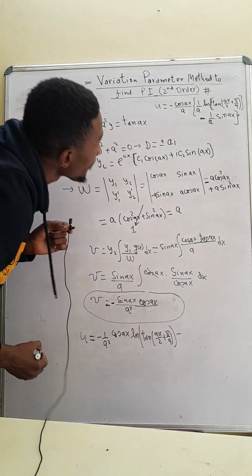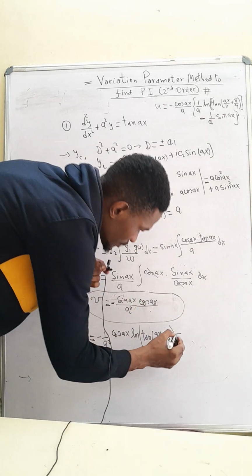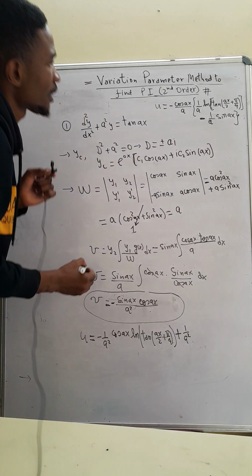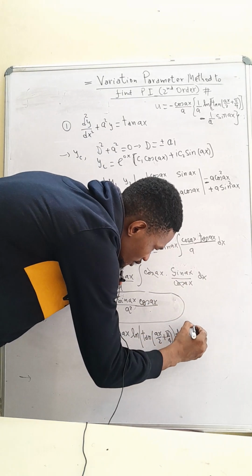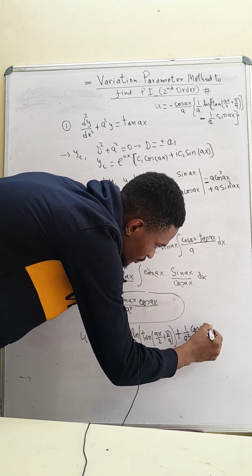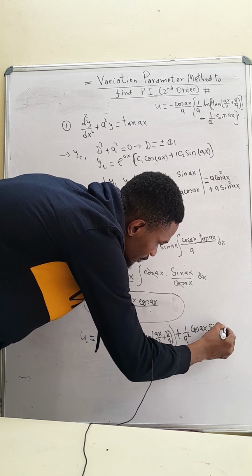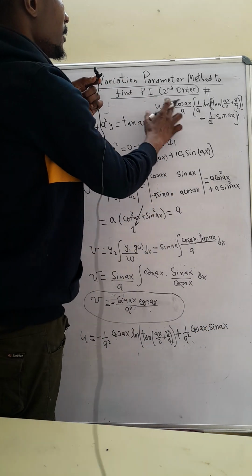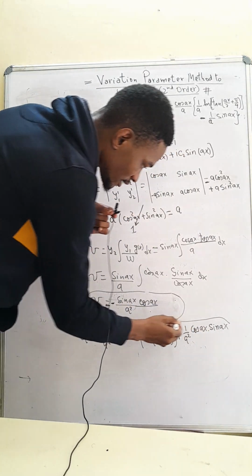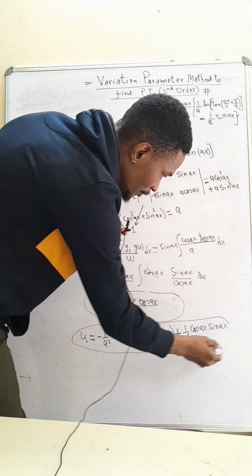Then minus, and minus will be plus 1 upon a square cos ax times sin ax. This and this. Okay? And this is your u value.